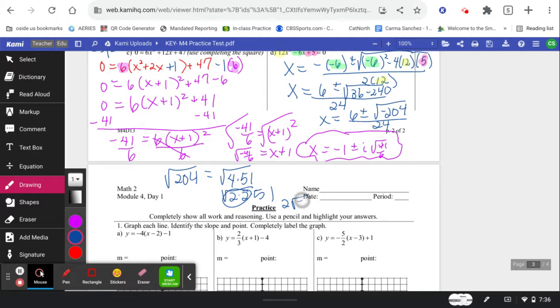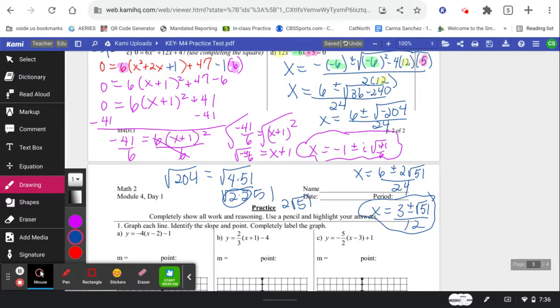So a 2 comes out and a root 51 stays in there. So check out this final answer for this one: 6 plus or minus 2 root 51 over 24. Final answer reduced is going to be 3 plus or minus root 51 over 12. Yikes.